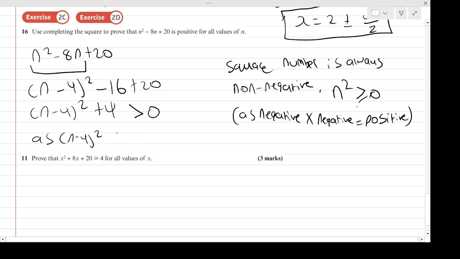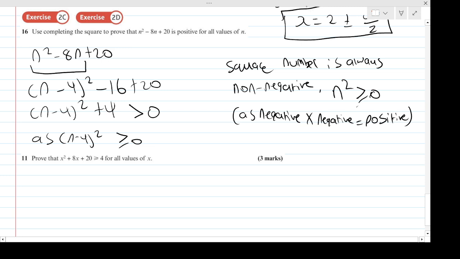Because n minus 4 squared is at least 0, because it's a square number, so it's not negative. So then that means if we then add in a positive number, it's still going to be positive, isn't it? You have something positive, and then we're adding something positive, it remains positive, so it will be positive for any value. And there we are.